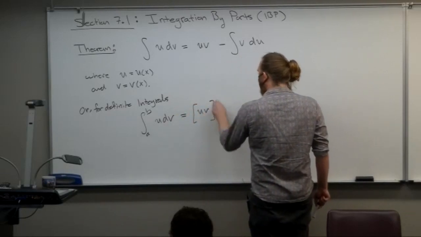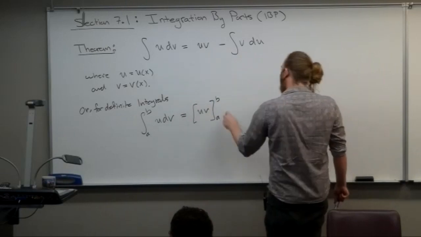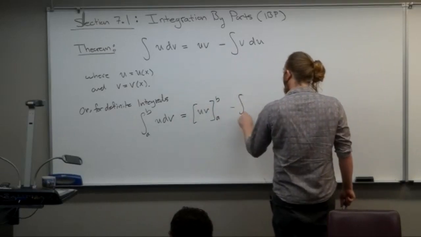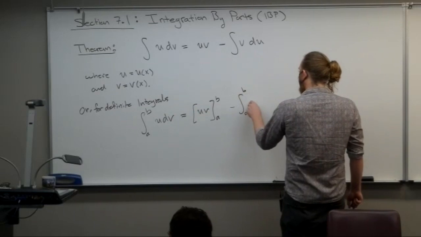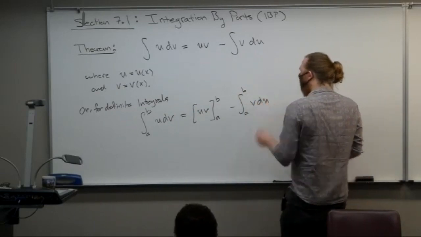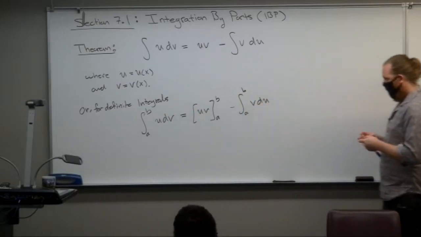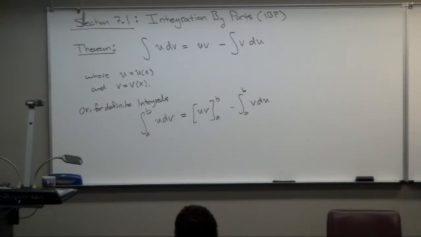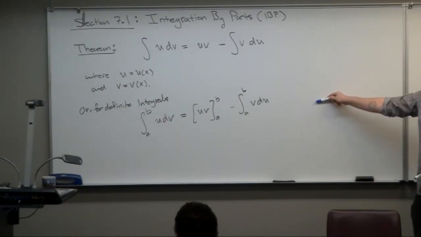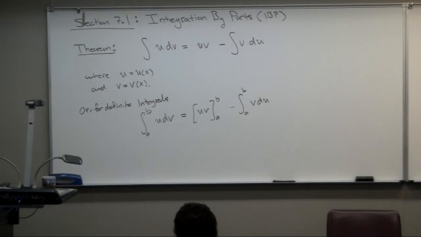The place where people goof up is they forget to evaluate this middle piece between bounds, or they leave off the bounds on the integral. That's it, right? This is the integration by parts formula, or formulas, if you like. The bottom one is the complete formula for definite integrals, the top one for indefinite integrals. So really the same thing.